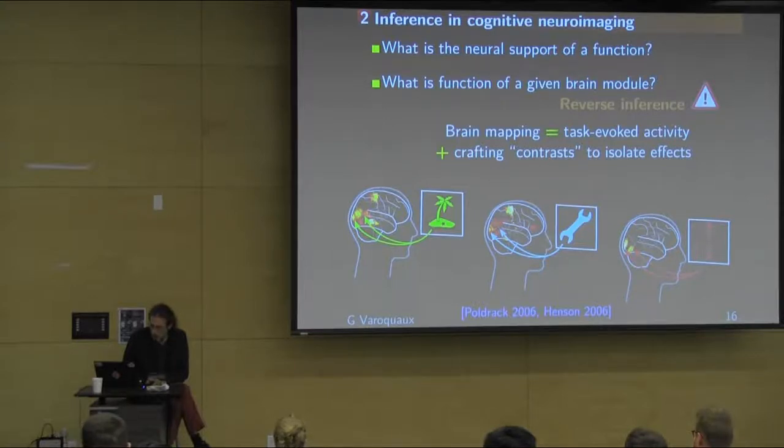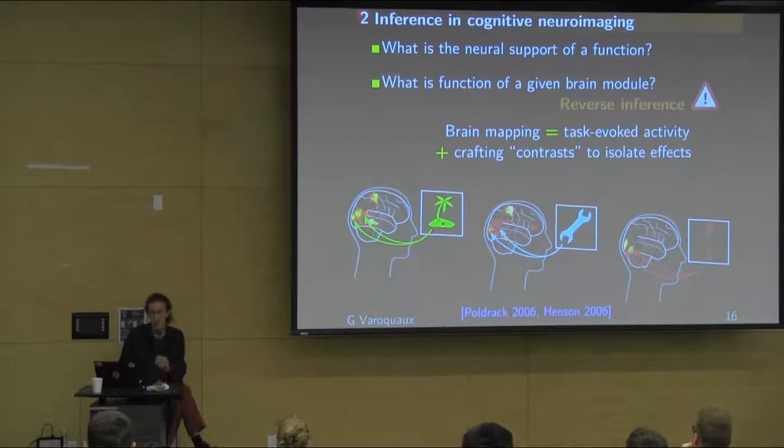So really the way brain mapping works is that it accumulates responses to a task, and then it crafts contrasts to isolate effects, or it uses an encoding model, which is a more sophisticated way of crafting contrasts. Okay?